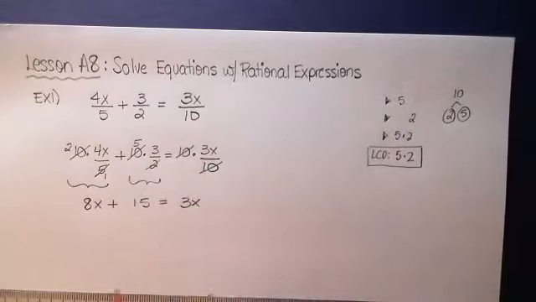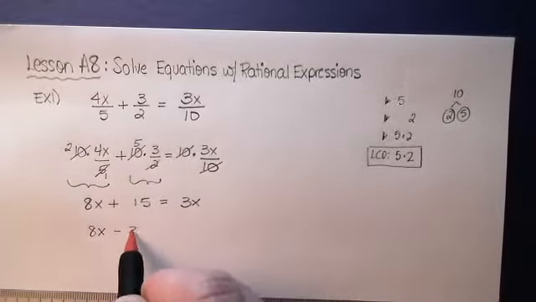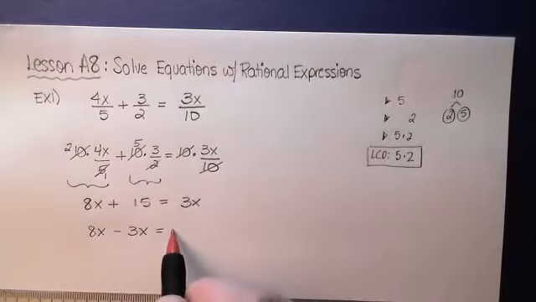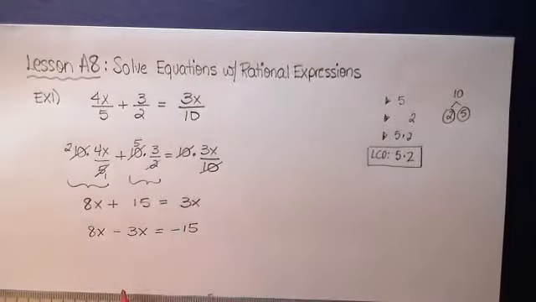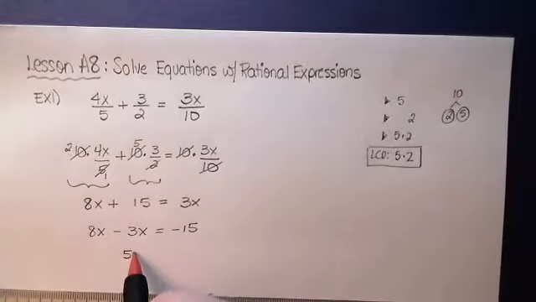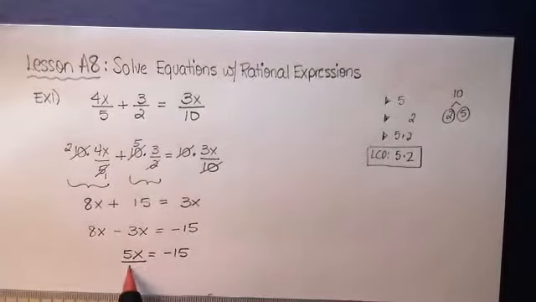So now all we have to do is solve for x. I'm going to move the 3x to the other side, and it becomes negative 3x. And the 15 I'm going to send to the other side, so it becomes negative 15. 8x minus 3x is 5x equals negative 15, divided by 5.